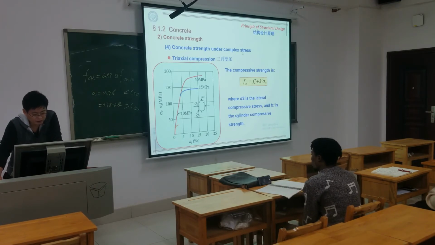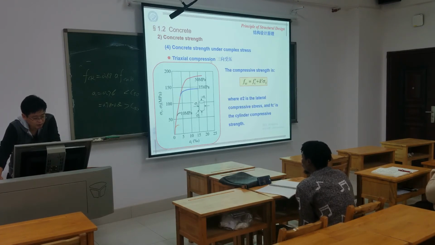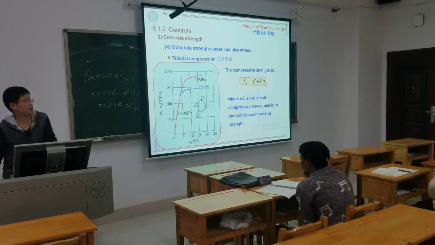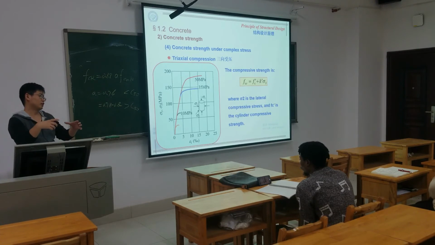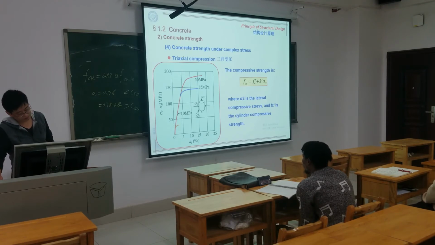So, concrete strength and the complex strength, triaxial compression. Triaxial compression is what we have talked about before, the concrete in the circular steel tube. So for this situation, the concrete strength is equal to FC prime.